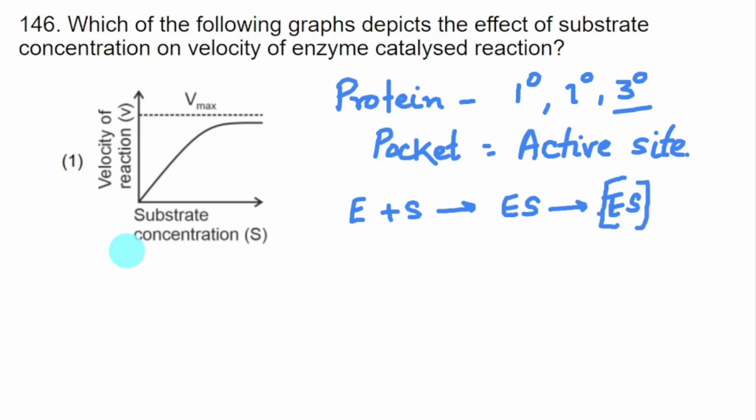Certain bonds will be broken, new bonds will be formed, and the substrate will be converted into product during this transition state. And then finally, the enzyme will be freed. The product will dissociate from the enzyme, and this free enzyme can take up new substrate. So this is what happens in enzyme catalyzed reaction.